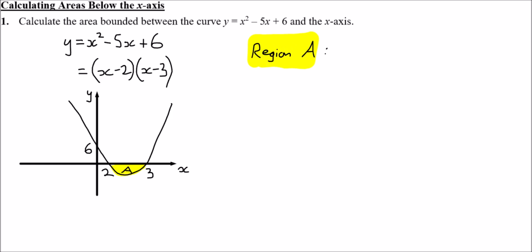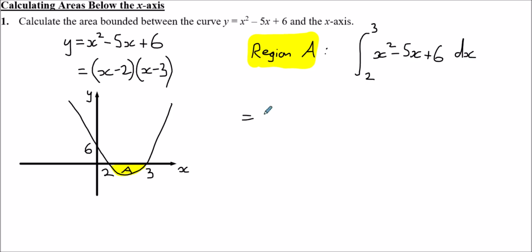then we can see that this is going to be relating to the integral between 3 and 2 of y with respect to x. So that's going to be the integral of x squared minus 5x plus 6 with respect to x.